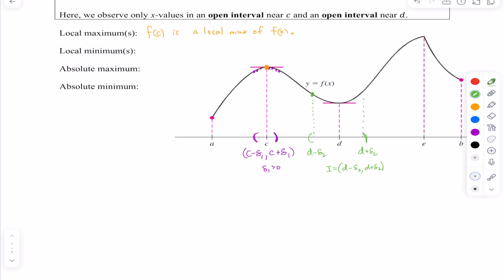But in this local neighborhood, there's one y value that is lower than everybody else. It's right there. You could have y values here, but there's one that is the lowest locally. Another way you could see this is that the function was decreasing and then increasing. So we know that f of d is a local minimum.